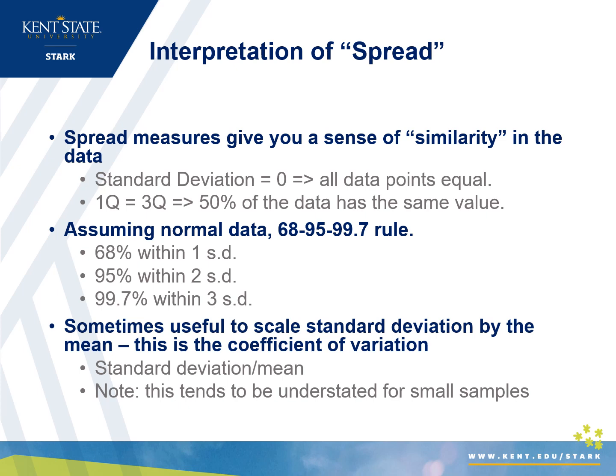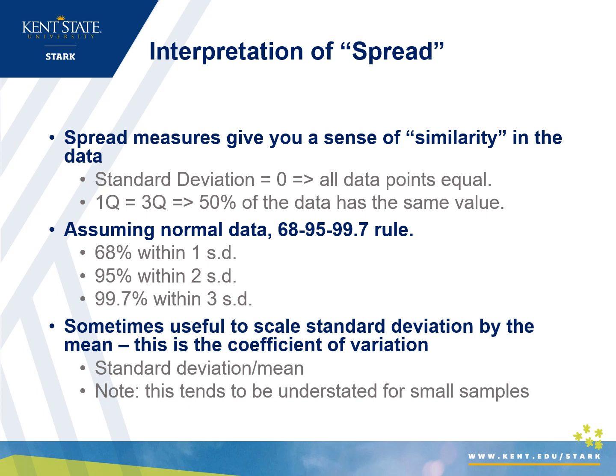Now, for a normal distribution, we have what we would call the 68, 95, 99.7 rule. Statisticians aren't very good at coming up with creative names, but you can remember the rule, then its interpretation is pretty easy. 68% of the data falls within one standard deviation of the mean in a normal distribution.